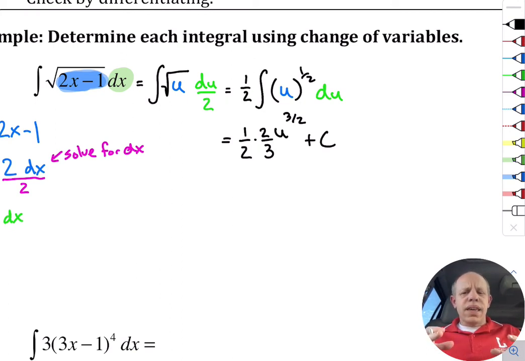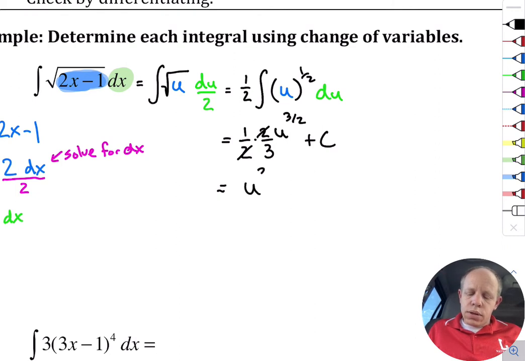So we don't really have to think in terms of the outer function and the inner function anymore, because we substituted the inner function just as one single variable. From this point, we can go ahead and simplify. So the 2's will cancel, and we're left with u to the 3/2 over 3 plus c.